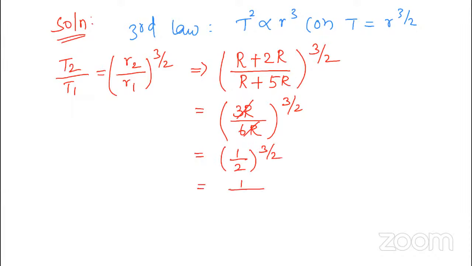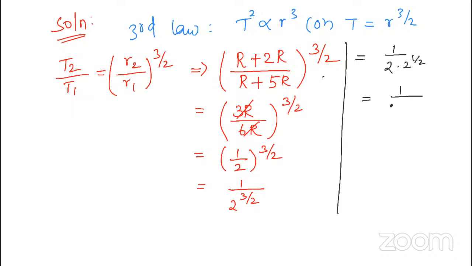So 2 power 3 by 2 splits into 2 into 2 power half, that is 2 into root 2.